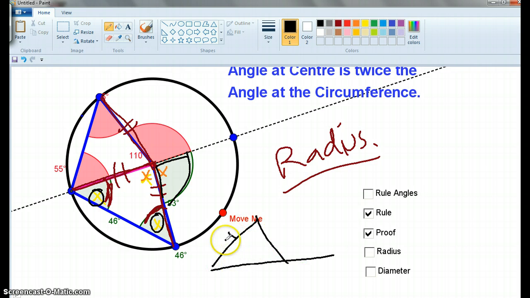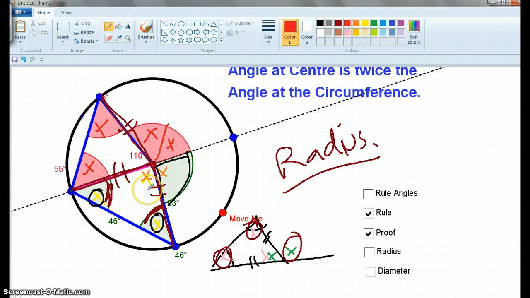So if I've got an isosceles triangle like that, I've got an angle there and an angle there, then these three add to 180, and these two add to 180. So this plus this has to equal that. Okay? So that same thing here, this one and this one have to be equal to each other, and this is actually two of them.